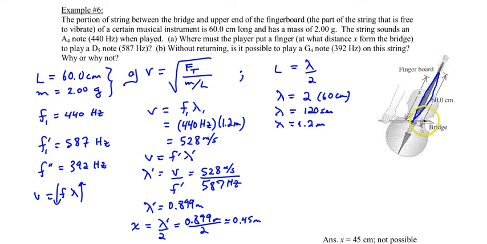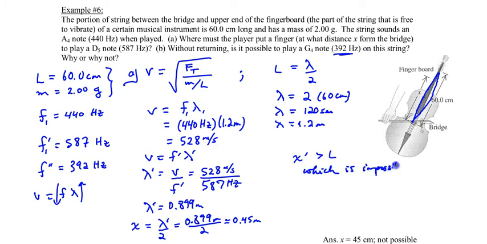But the bridge to the fingerboard, this distance right here where they're attached, you can't go any further than that. So there's no way you could produce that note. You don't have enough distance. You can't go beyond L. Essentially, x prime will be larger than L, which is basically impossible.